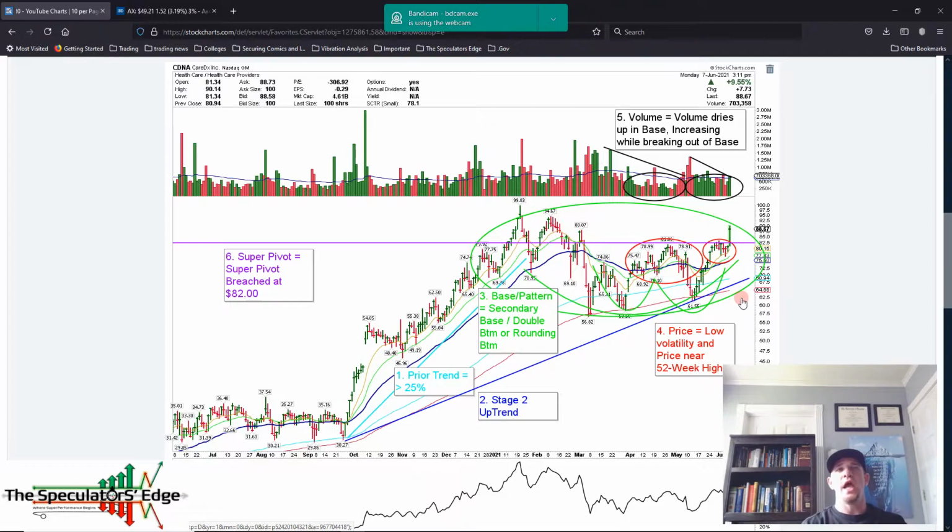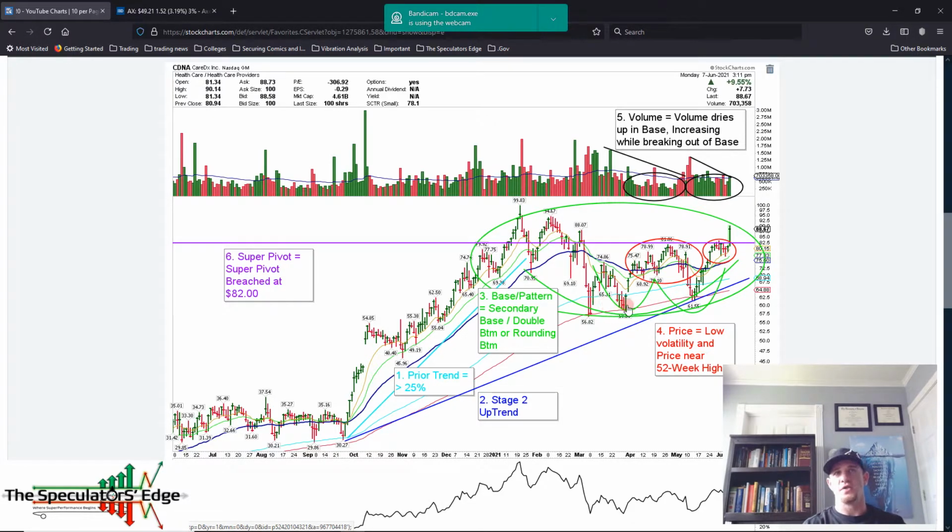Within this secondary base, and lengthwise in time, we have a very nice double bottom right here, or you can see it as a nice rounding bottom, and that goes from the lows all the way down.